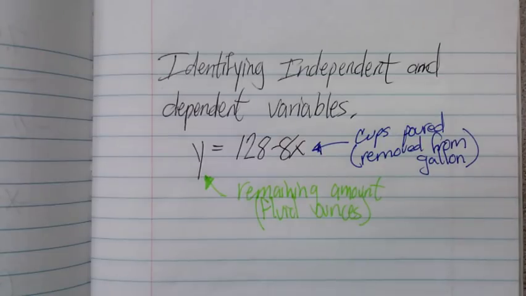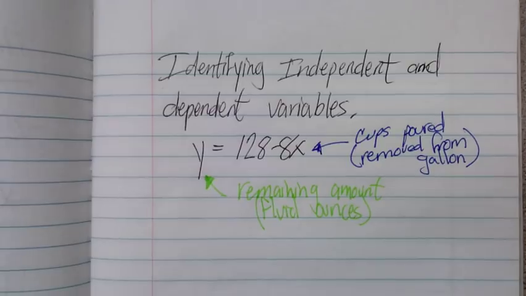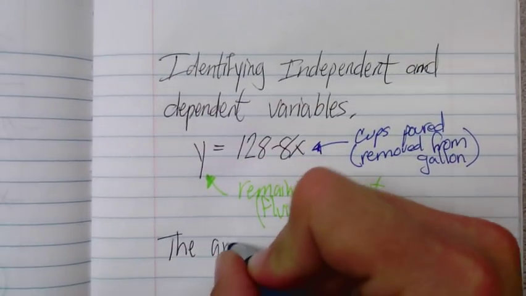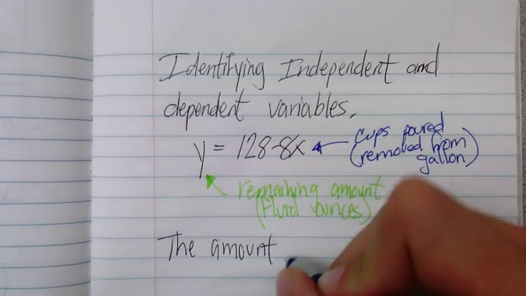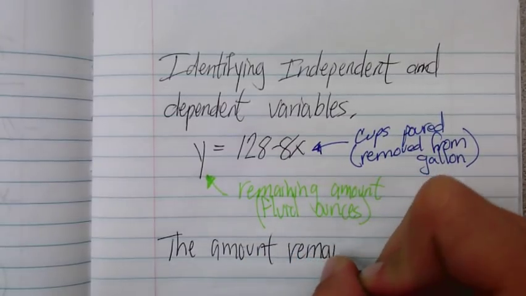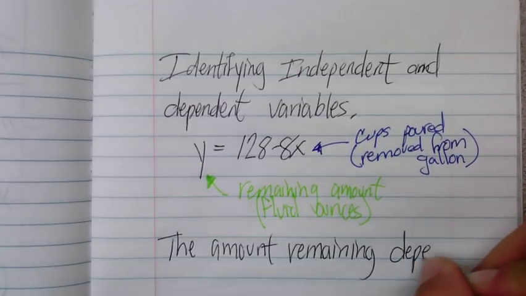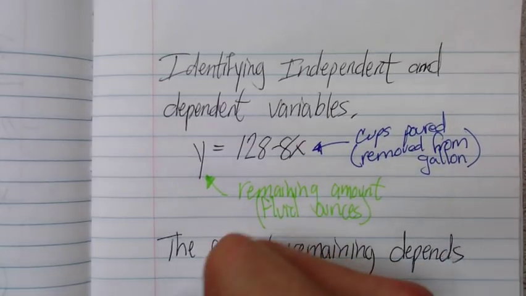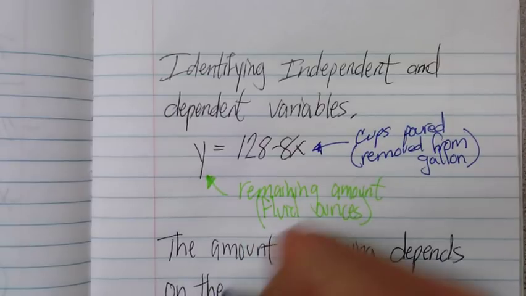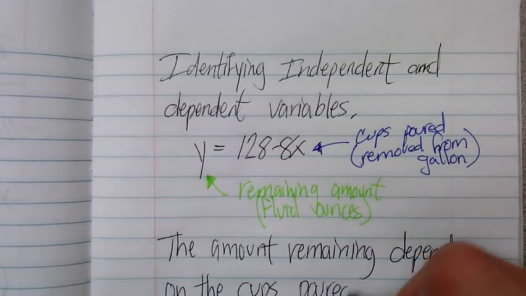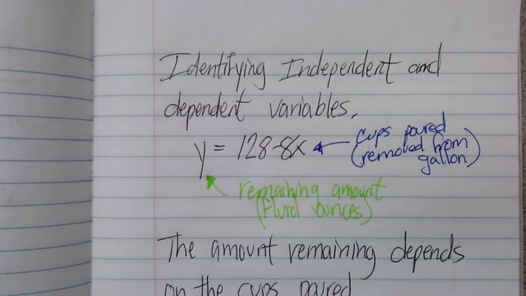So the amount remaining depends on the number of cups poured. So the amount remaining depends on the cups poured.